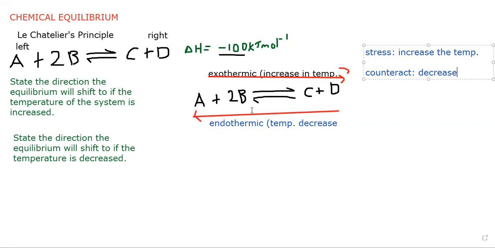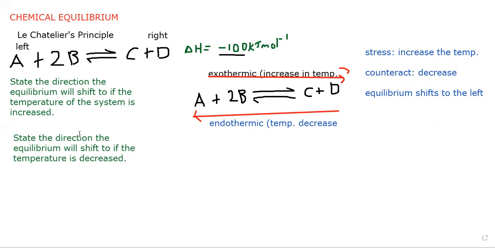It is moving the equilibrium to the left-hand side, because that is the side that is endothermic. Whatever sign you get here is for the forward reaction, and the reverse reaction is the opposite. So forward is exothermic, which means reverse is endothermic. The counteraction is to decrease the temperature, so the equilibrium must shift to the left-hand side. And it's that simple.